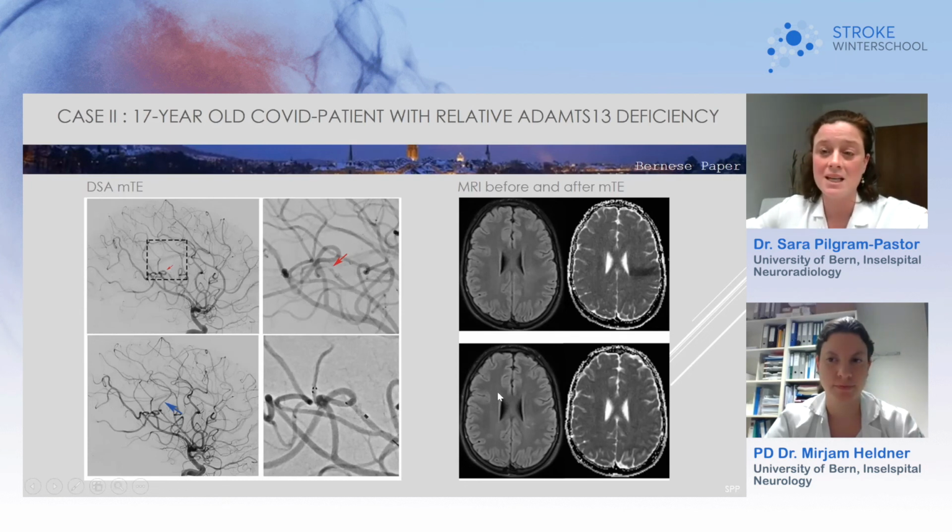We also did hematological investigations, and he showed a relative ADAMTS13 deficiency. I just want to use this moment to recommend: if you have a COVID-associated stroke, look for those factors. Look for ADAMTS13 and von Willebrand factor on the other hand.